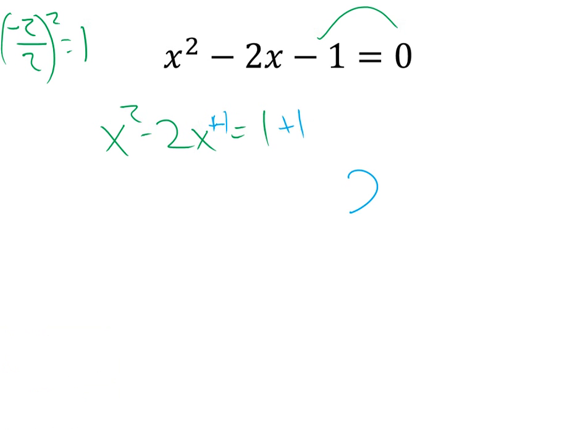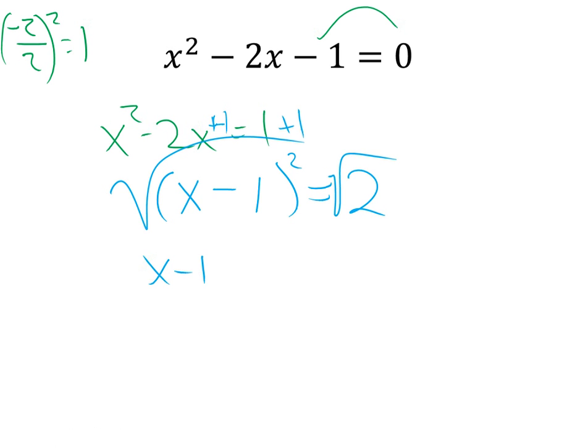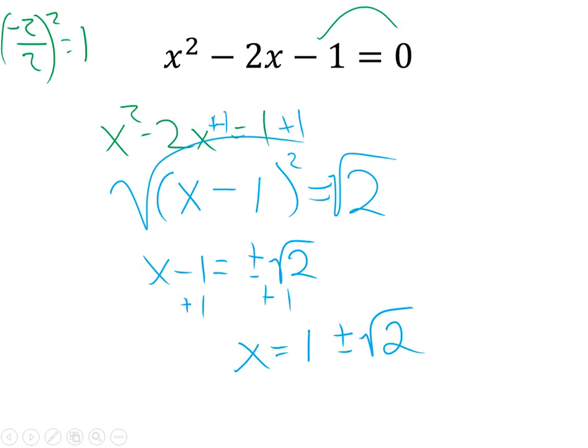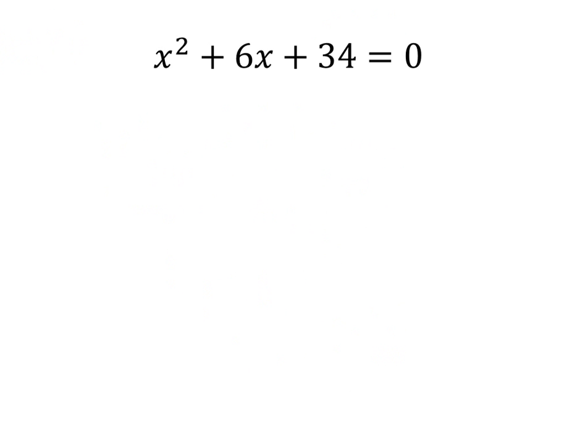And so that gets us a 2 equals, and then it would be an x minus 1 squared. Square root, getting us an x minus 1 is equal to plus or minus root 2. Add 1 to both sides, getting us x is equal to 1 plus or minus root 2. And there's our answer. So this is the completing of the square and just solving it through.